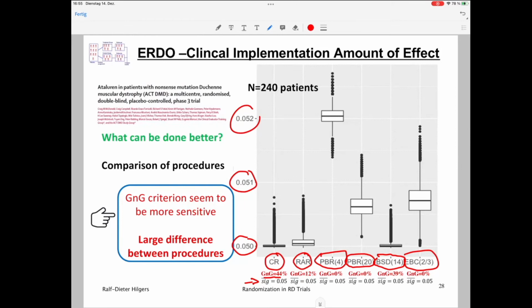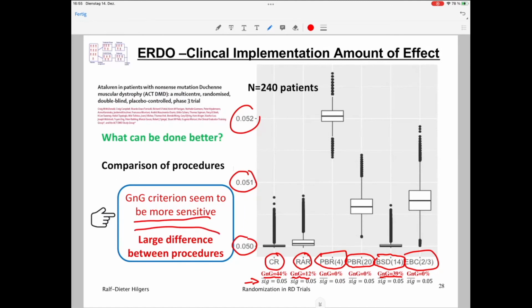Well, you might not like that because of the potential for a trial where only one treatment is allocated. So then you should go to, let's say, the big stick design, because it's 39%, and the go, no-go criteria for complete randomization was 44%. It's comparable. But even the random allocation rule is not worse than the others, because they are 0%, preserving the type 1 error of 5%. So the go, no-go criterion seems to be sensitive.